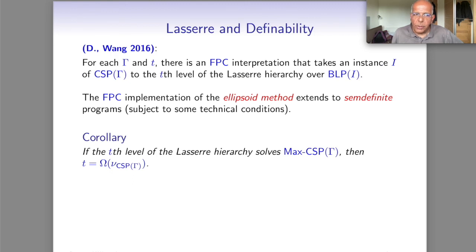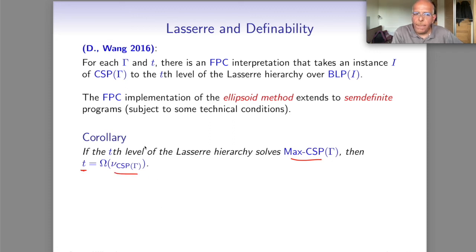So it follows that if the tth level of the Lasserre hierarchy actually solves max CSP, in other words, it gives you exactly the convex hull of the integer points in this basic linear programming relaxation, so it gives you the exact value of max CSP, then t is bounded below by the counting width of gamma.